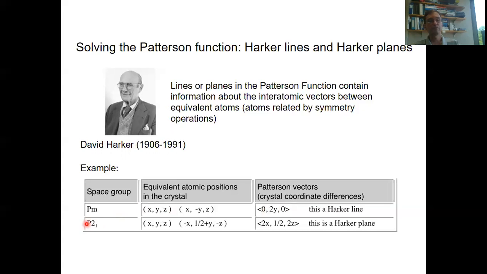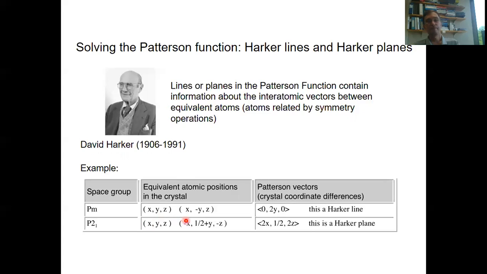If we were in the space group P21, for instance, then for each atom on a general position x, y, z, we would have to find the same atom at the position minus x, minus a half plus y, and minus z. That is due to the presence of the 2-1 screw axis. Now we can subtract these two values from each other.